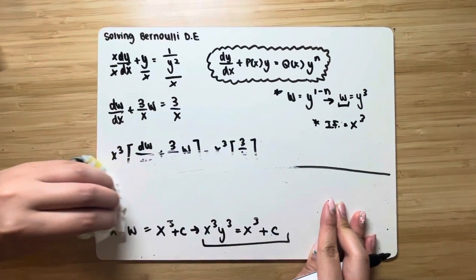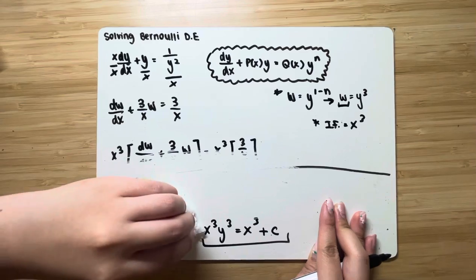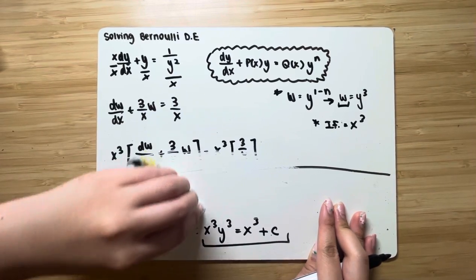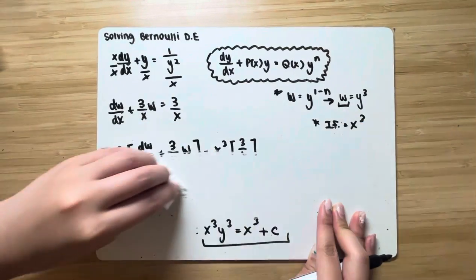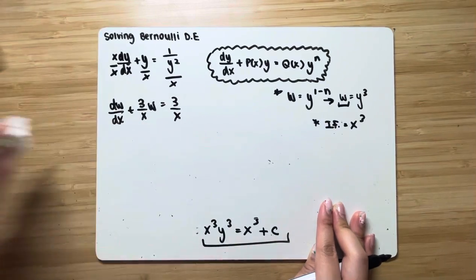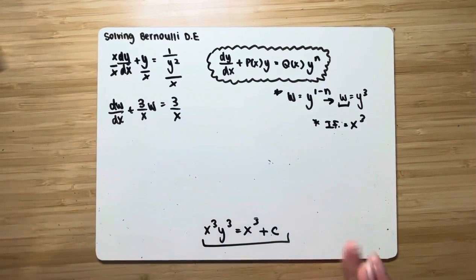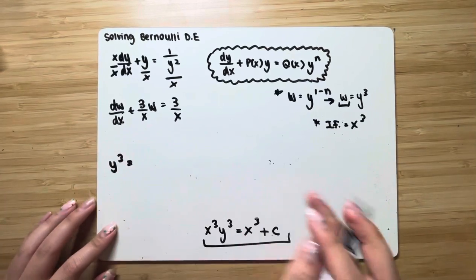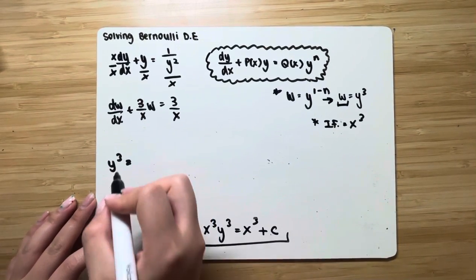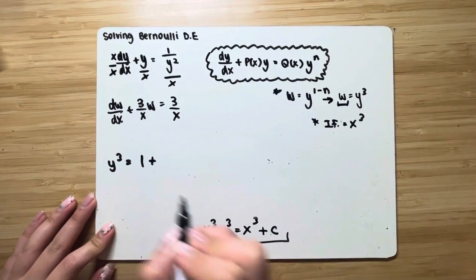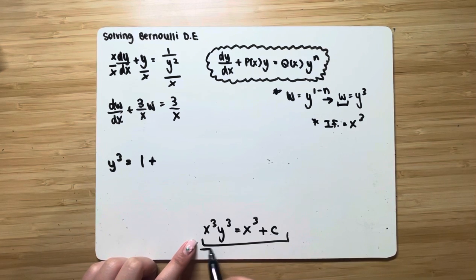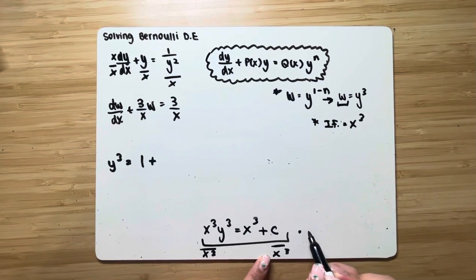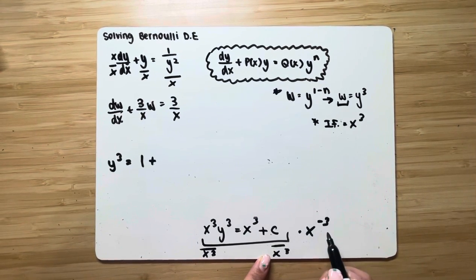In order to do that, you want to divide x cubed on all of these terms. Therefore, you have y cubed equals x cubed over x cubed is a 1 plus, if you divide x cubed in the c term, it's the same as multiplying it by x to the negative 3.